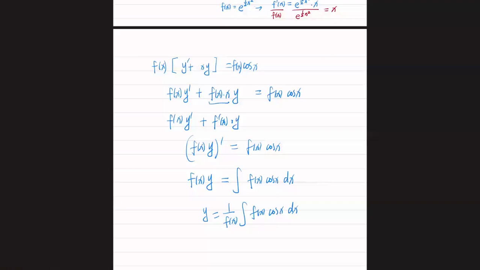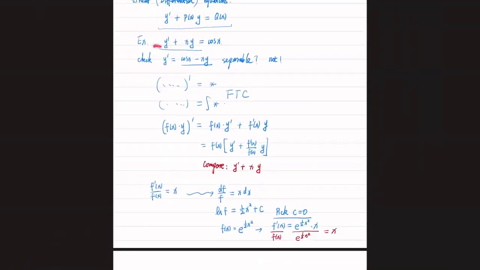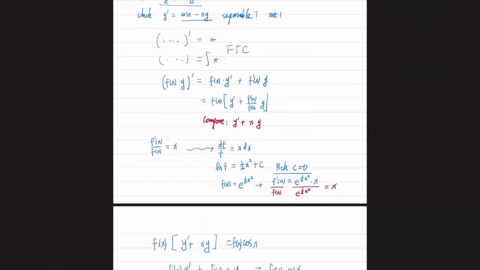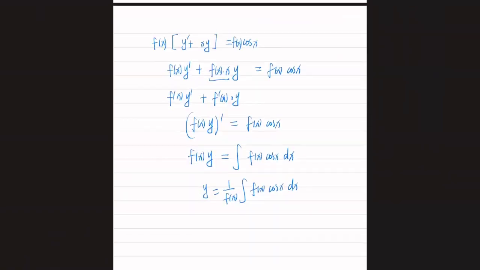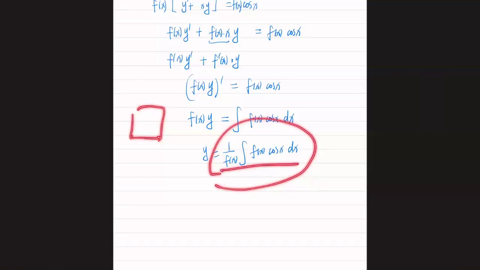Okay, so we haven't finished the integral, but we reduced the problem from solving this differential equation to the integral of some function. So we treat this as progress. If we convert a difficult problem, solving a differential equation, to something simpler, in this case the integral, it's progress we made in that direction.